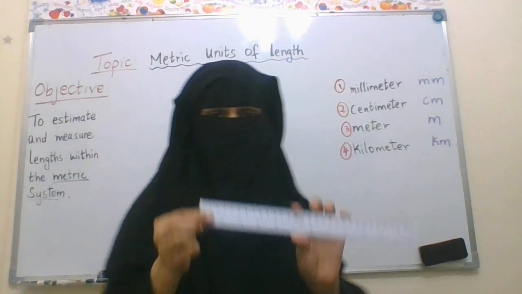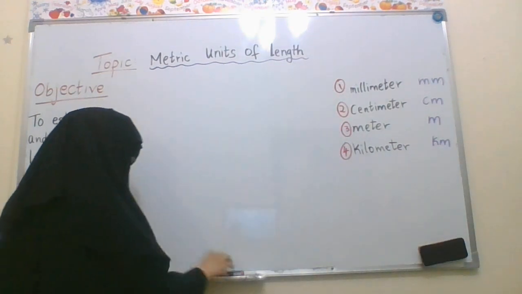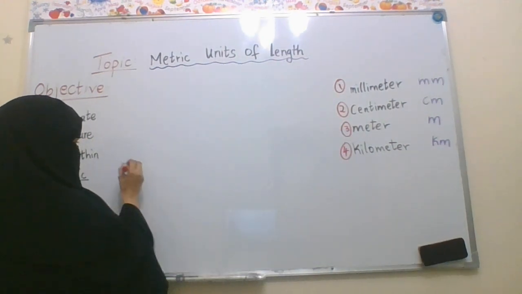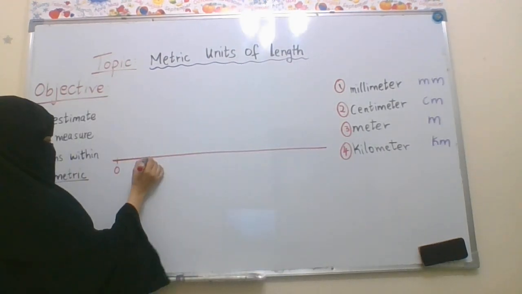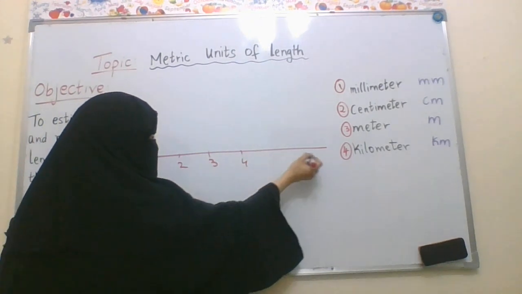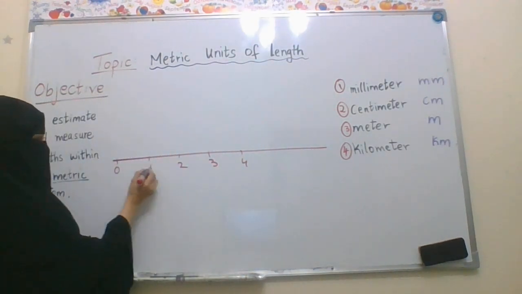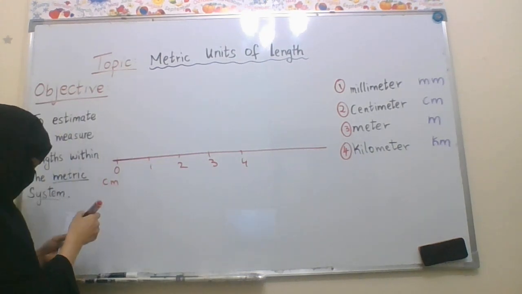Now, this is your ruler, okay? And I'm going to draw this on the board. This is the ruler, starting from 0, 1, 2, 3, 4, and so on. So these numbers that you see in the red, these are called centimeters.